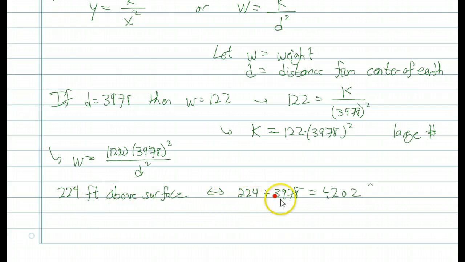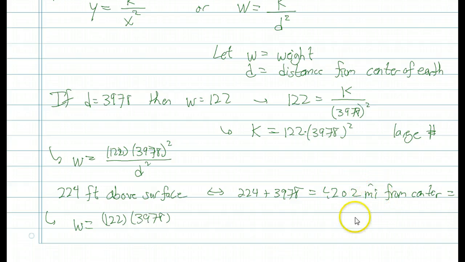You're going to be 4,202 miles from the center of the Earth. Okay, if you're 224 miles above the surface, and the surface is sea level, which is 3,978, you're a total of 4,202 miles. So now this is saying if D is equal to 4,202, then what's W?